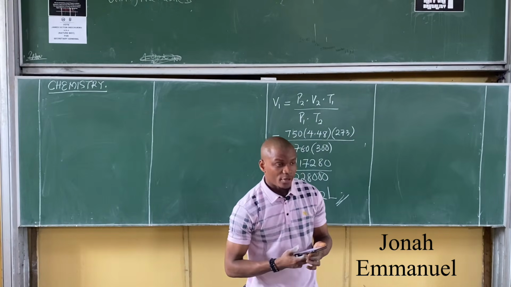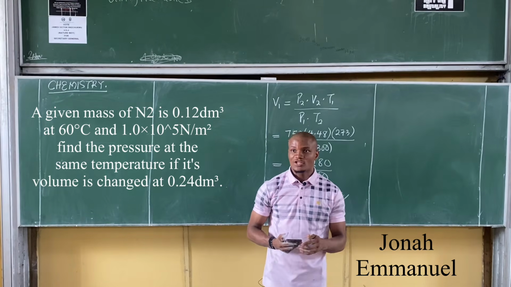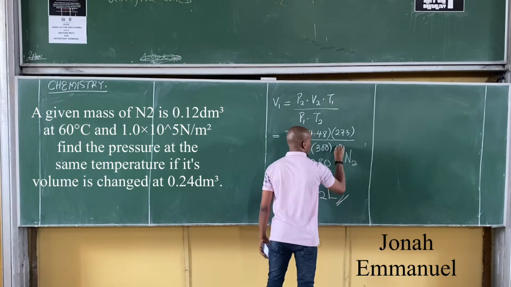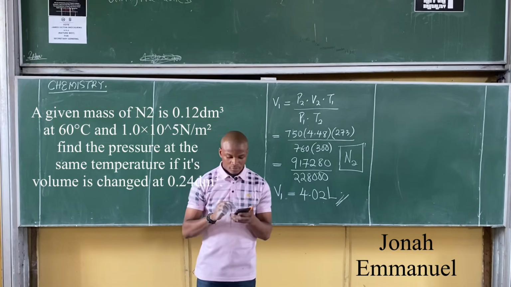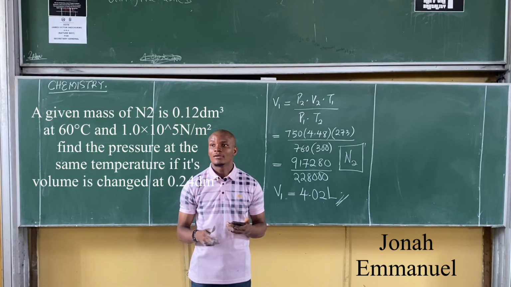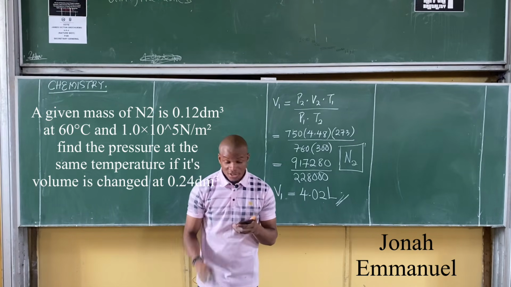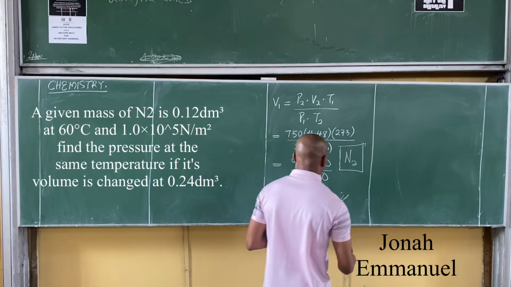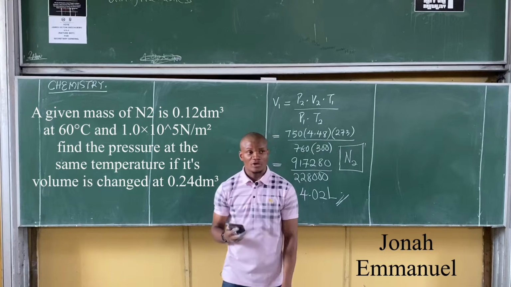Example 2. A given mass of N2, that's this. What's N2? A given mass of N2 is 0.12 dm cubed.